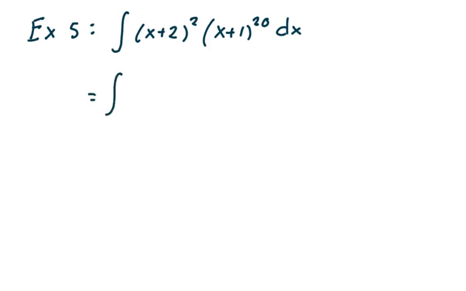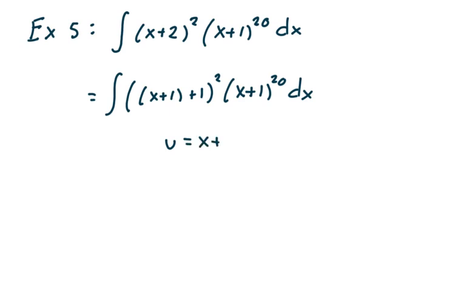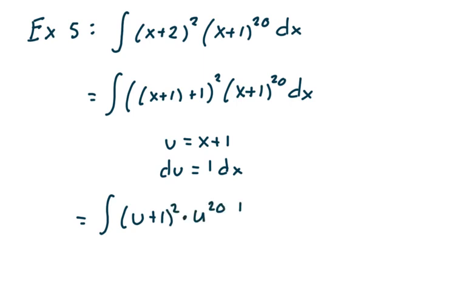So I'm going to write this as the integral of x plus 1 squared times x plus 1 to the 20th dx. So I'm going to let u equal x plus 1. du is 1 dx. So when I make this integral easier, it's the integral of u plus 1 squared times u to the 20th du.